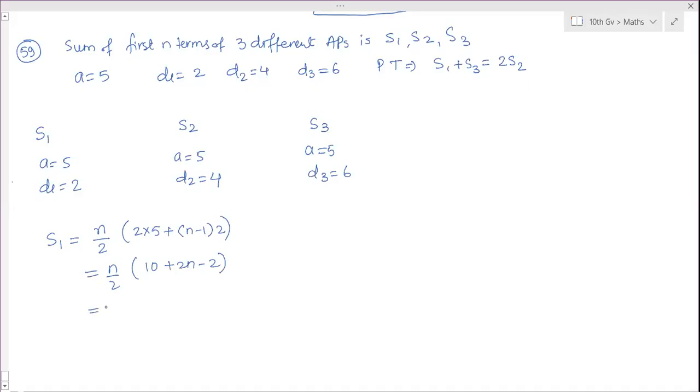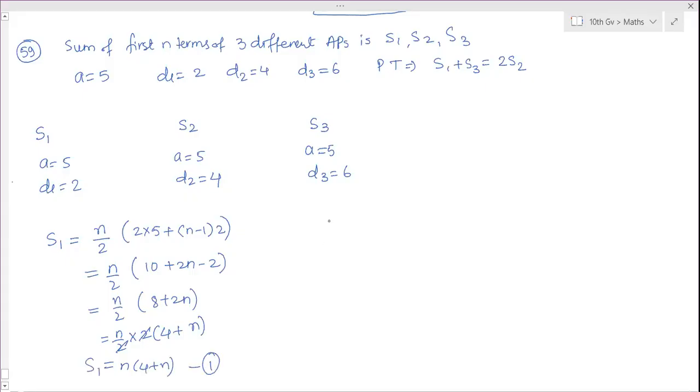Don't confuse S1, S2, S3; they are the sums of n terms of 3 different APs. This is 8 plus 2n. Take 2 common: n by 2 into 2 into 4 plus n. So this 2 gets cancelled, and S1 is n into 4 plus n. This is the first part.